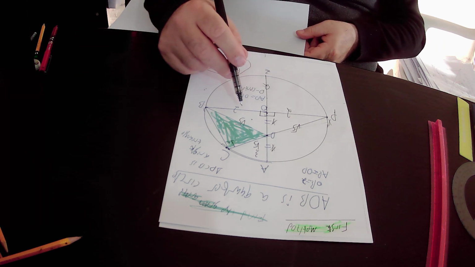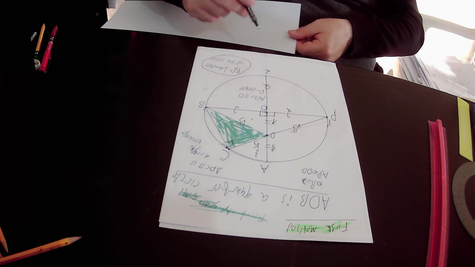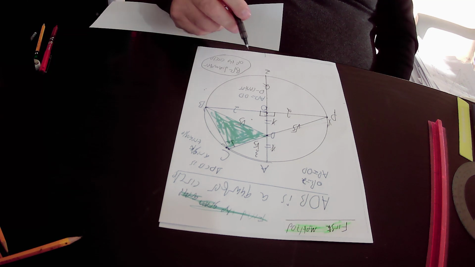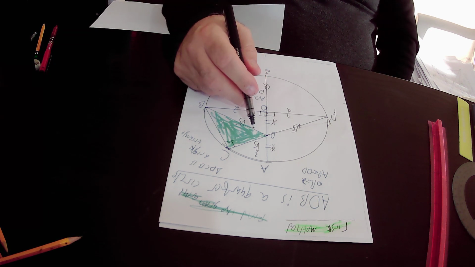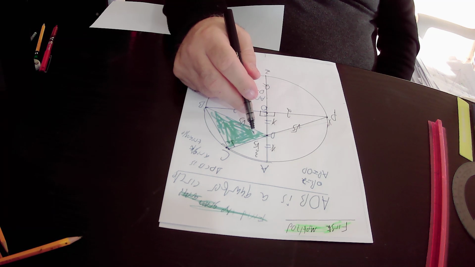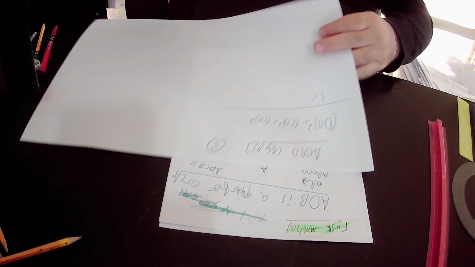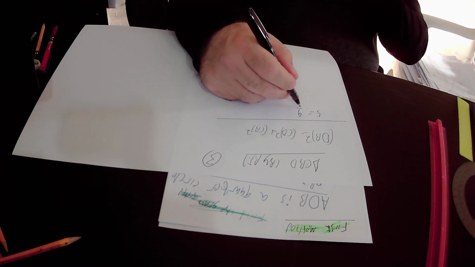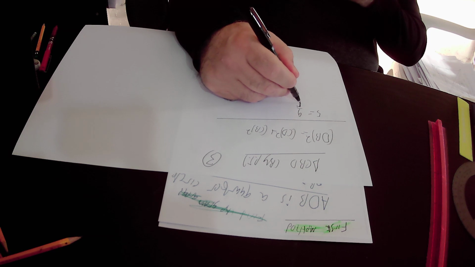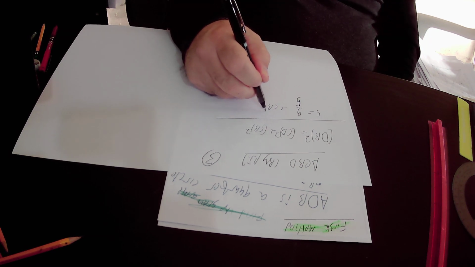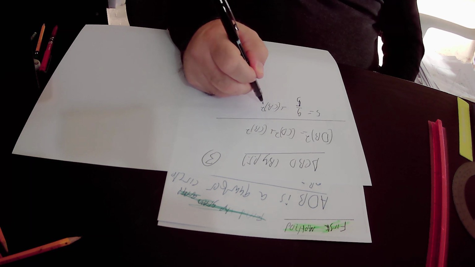So DB equals the square root of 5, so DB squared is the square root of 5 squared, that is 5. And it equals CD squared. CD is 3 over the square root of 5 units, so CD squared is 9 over 5. Plus CB squared, which is the missing side, so we leave it as it is.